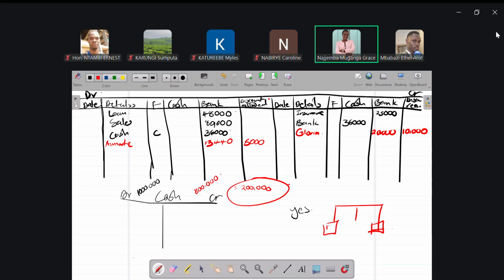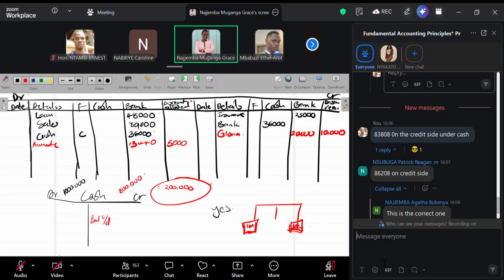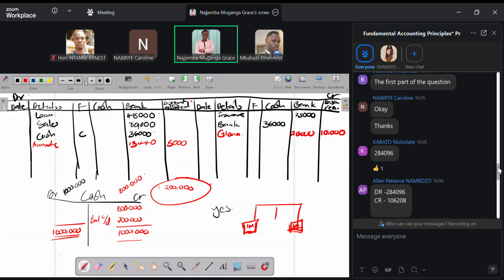And we consider the highest. So if we have 1 million as our highest figure, it should also be 1 million on the credit. That means you come to the credit and say that difference is called a balance carried down of 200,000. It finds there this 800 that was already there to have a total of 1 million. Now here you don't add anything because you already have your 1 million. And after that, this on the opposite side will now become your balance brought down of 200,000.